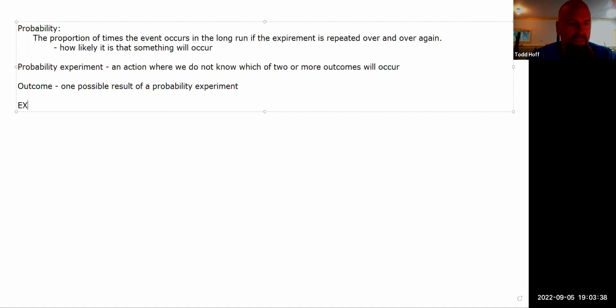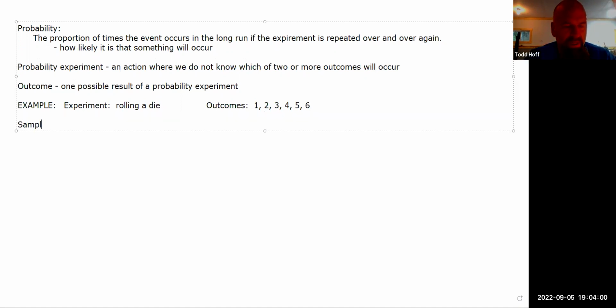The example might be the experiment is rolling a die, a simple six-sided die. Outcomes could be a 1, a 2, a 3, a 4, a 5, or a 6. Those are all the possible outcomes. Now, all those possible outcomes make up what we call the sample space.